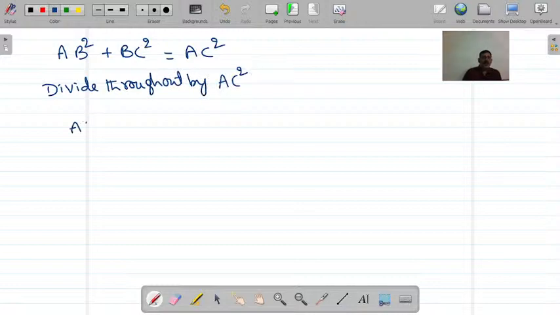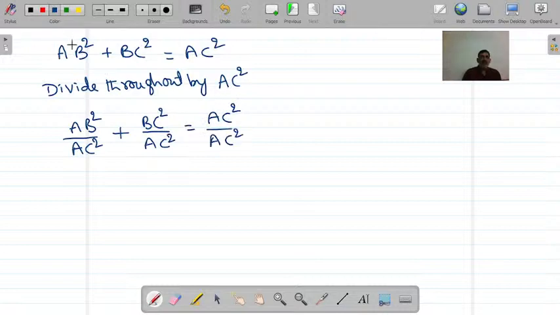What do we get? AB square by AC square plus BC square by AC square is equal to AC square by AC square. Now once again just recollect what is the triangle. I think you do remember this because we used it several times. This is ABC.